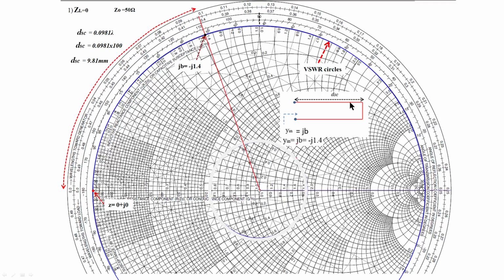That means we are moving over a transmission line, a piece of transmission line. But we have to take a particular length here to behave as a susceptance at the input side.